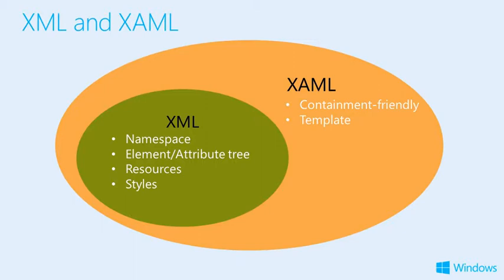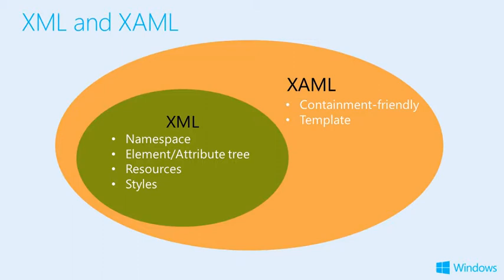It just uses different namespaces and prefixes. You can also treat XAML structure as an element attribute tree. Each control is a XAML element and each property is a XAML attribute. XAML can also define resources and styles, which can be referenced in the same scope.